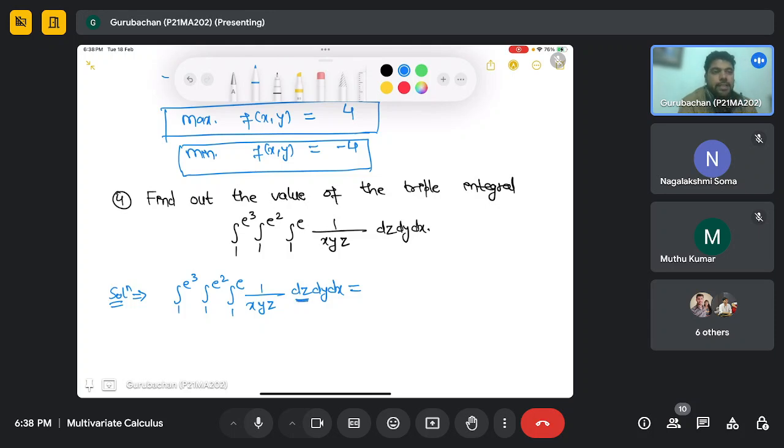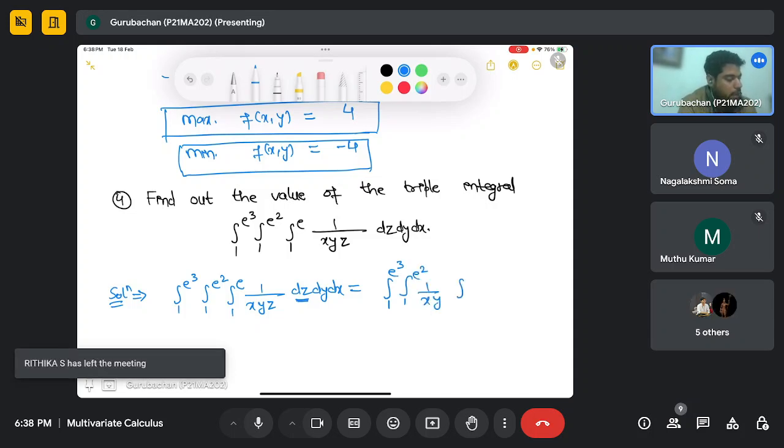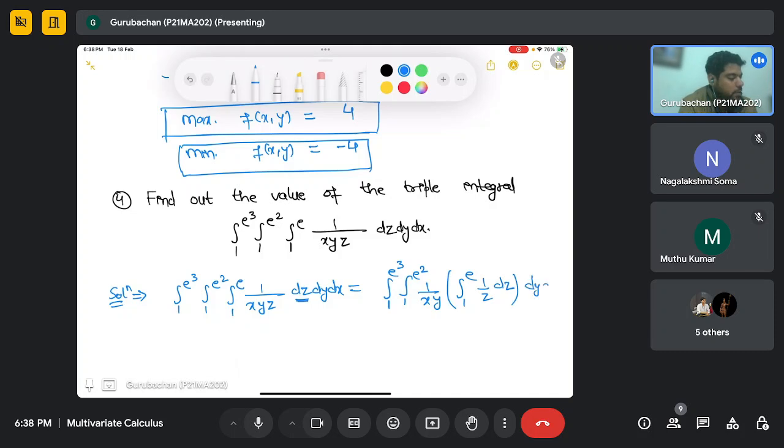So we will treat x and y as constant, and it will come out like this: 1 to e square, 1 by xy, and the integration of 1 to e of 1 by z dz, dy dx.